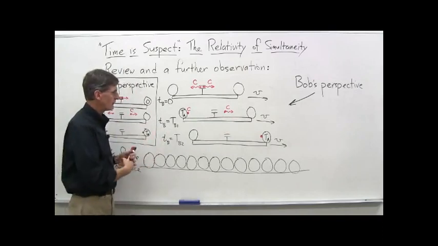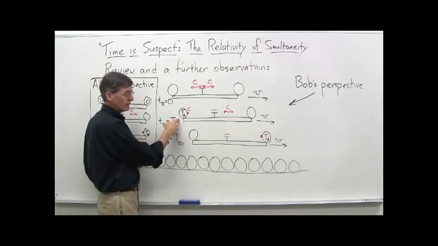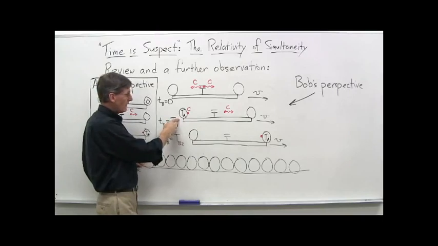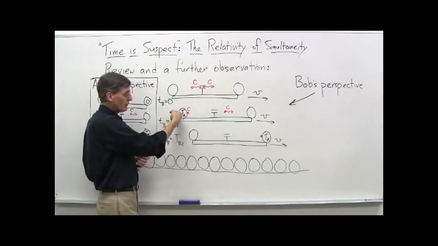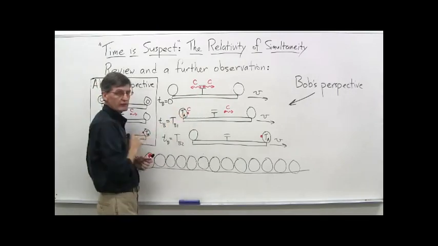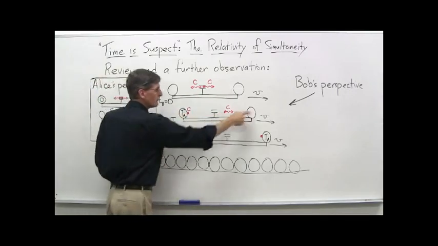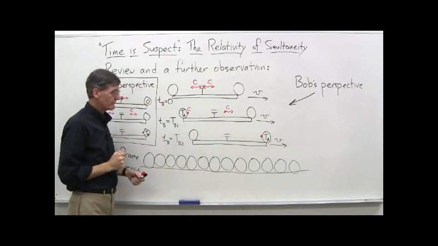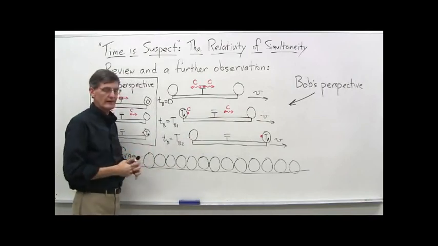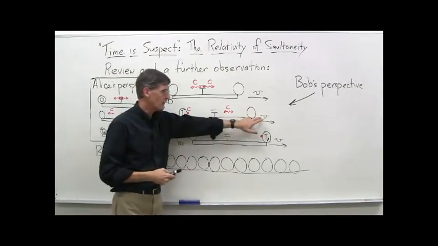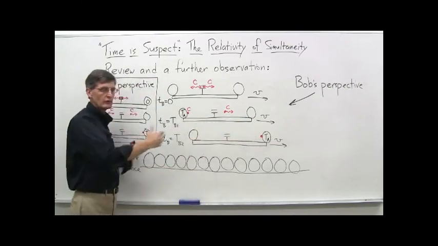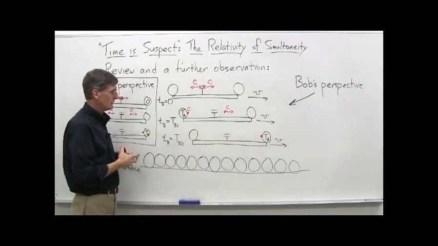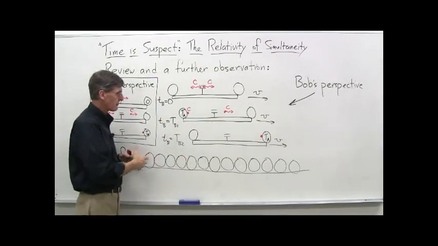And what that means is that because this rear clock on Alice's spaceship is moving toward this light pulse coming toward it, this light pulse will hit this rear clock before this light pulse can reach that clock. And of course, in real life, light is so fast and typically velocity is so small here, we don't notice this difference, but if you can get large enough velocities, this effect will come into play.